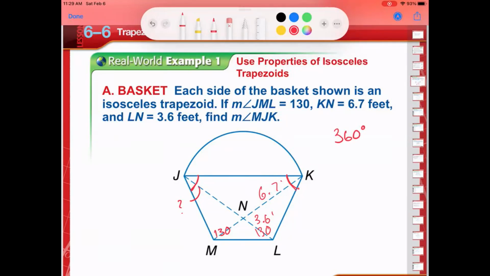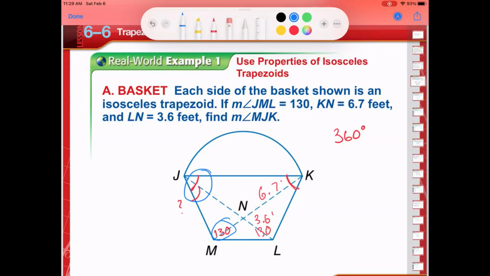And the cool thing about isosceles trapezoids is if we take a base angle from each base, like JML and MJK, we know they have to add up to 180 degrees, which we'll get to the reasoning behind that. But essentially, for this problem, not knowing that fact, we know it needs to add up to 360.